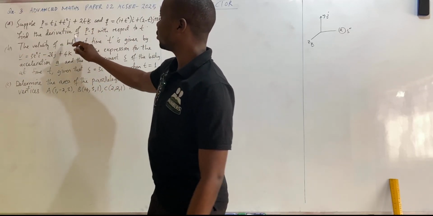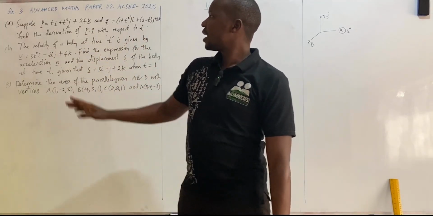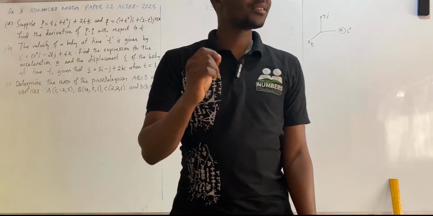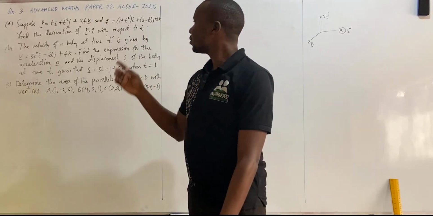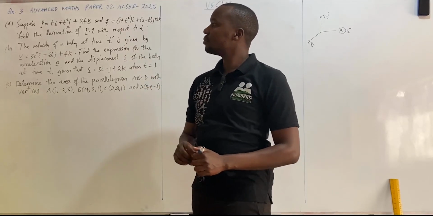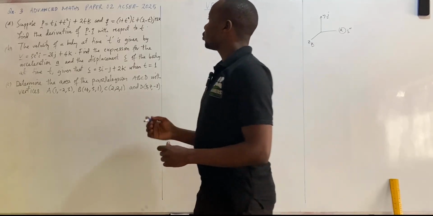That's why we are told to find the derivative of the dot product with respect to t. After finding this dot product, we will get an expression that has t, and it will be easy to differentiate, because derivative means differentiation. So how to do it?